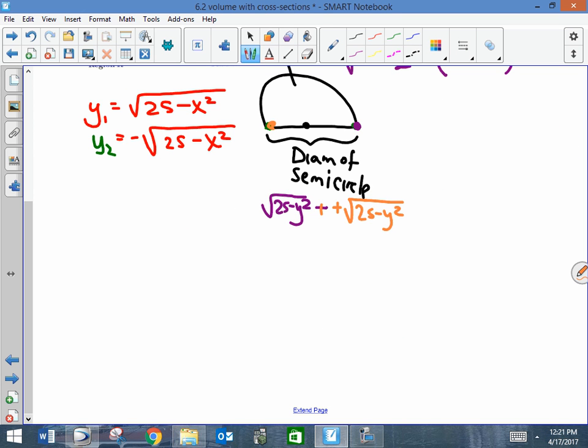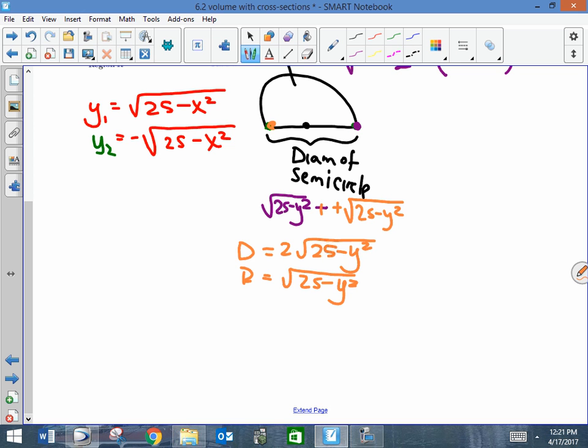Plus, what is that? Good, 2 roots. That's my diameter. What's my radius? Radical 25 minus y squared, one of those. That's right. Good job. That's the weirdest part.